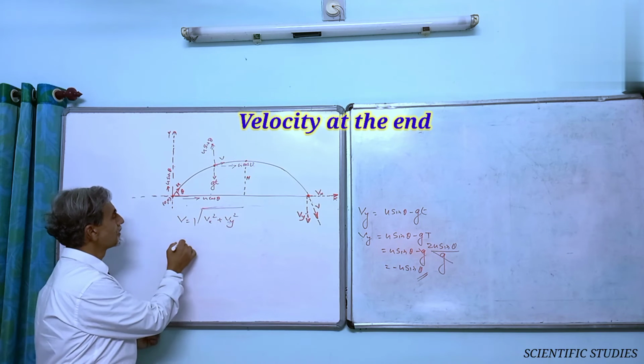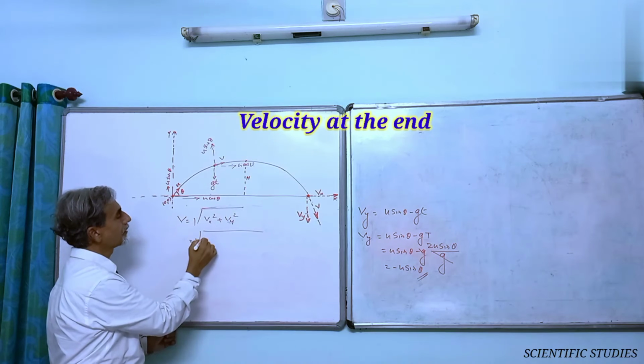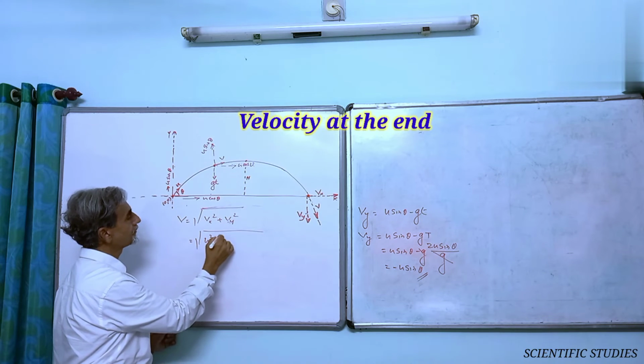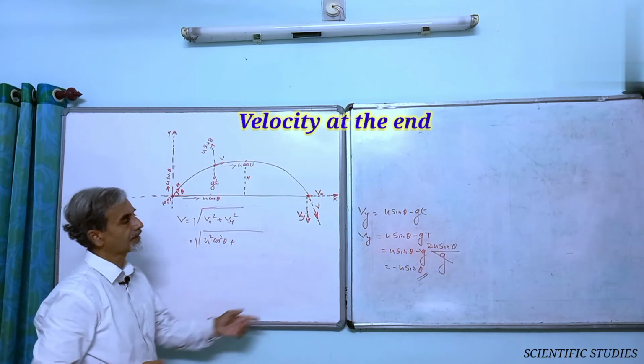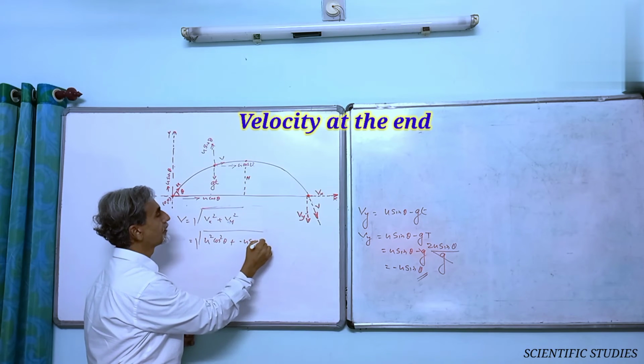Therefore, the resultant velocity V is equal to root of Vx, that is the horizontal component, u square cos square theta, plus Vy, that is the vertical component, minus u sin theta, the whole square.